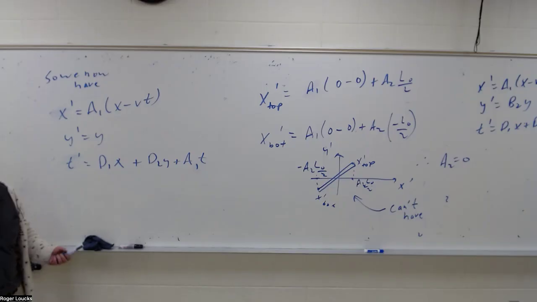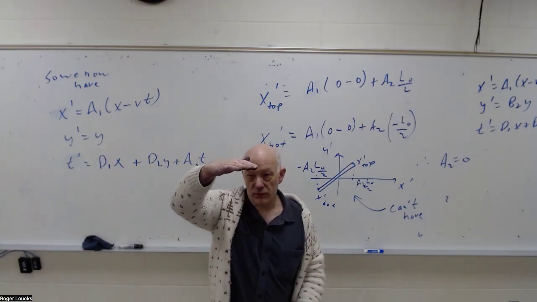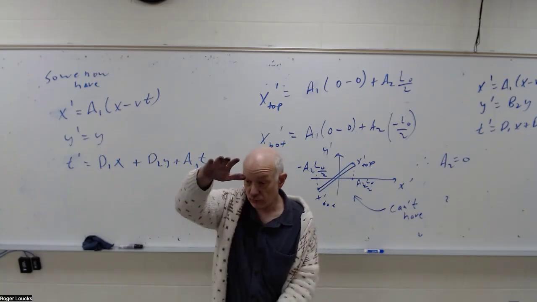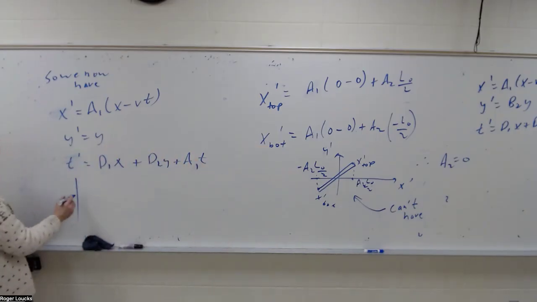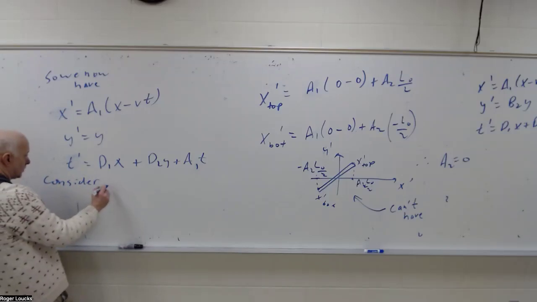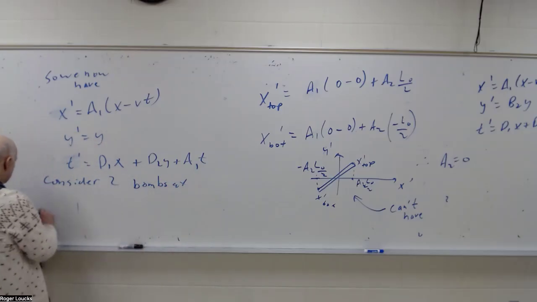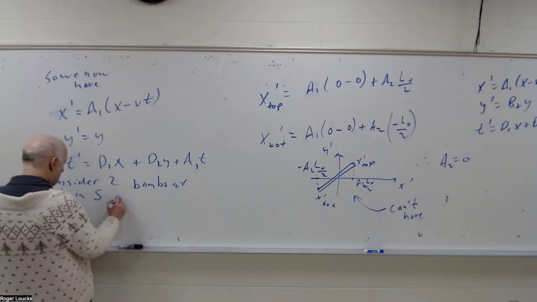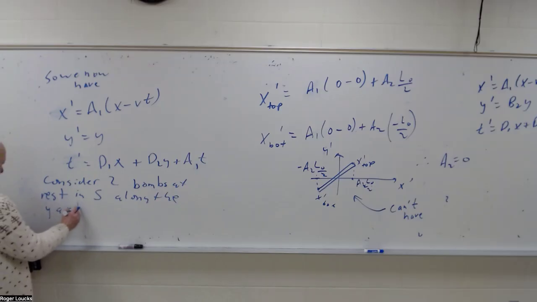So we're going to do pretty much the same thing, but instead of having a stick, where the top is at L naught over 2 and the bottom is at minus L naught over 2, we're going to have bombs. We're going to explode the bombs at the same time. So consider two bombs at rest in S along the y axis.